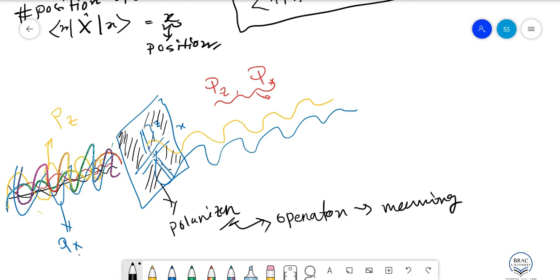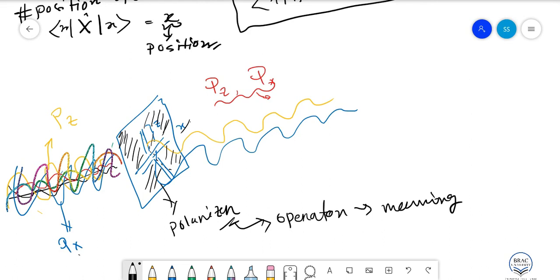So that's why we can say these two axes, x and z, can be thought of as the eigenkets for this polarizer. Or, so to say, these light rays, the blue one and the yellow one, the states they are in are eigenstates that correspond to this polarizer, or that polarization operation, or whatever you want to call it.